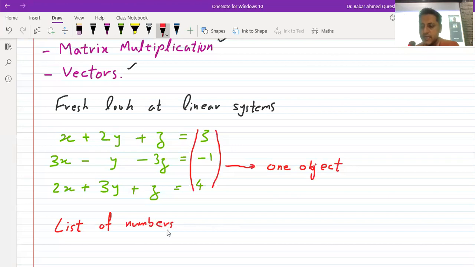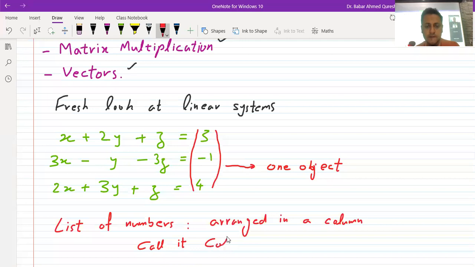If I do that, I should better give it a name. I'm thinking of it as one object, this list of numbers which are arranged in a column. So I just call it a column vector.